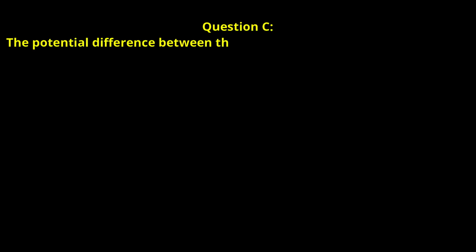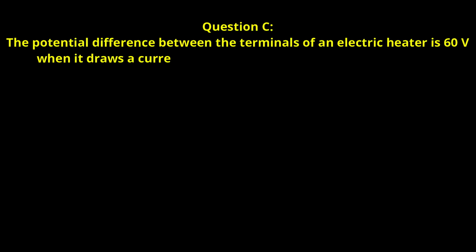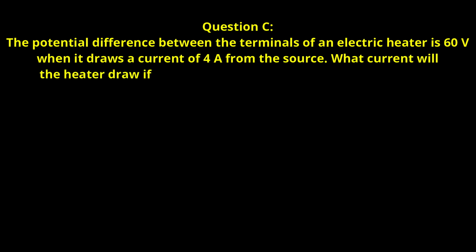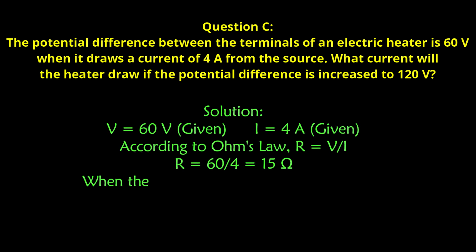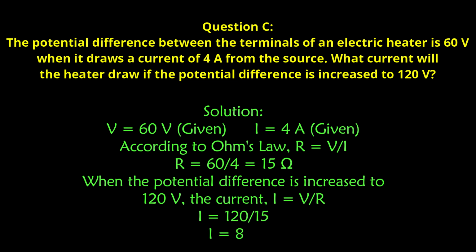The potential difference between the terminals of an electric heater is 60 volt when it draws a current of 4 ampere from the source. What current will the heater draw if the potential difference is increased to 120 volt? V, potential difference 60 volt, and current I equal to 4 ampere is already given.